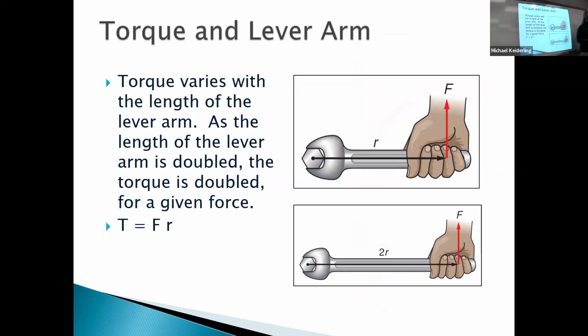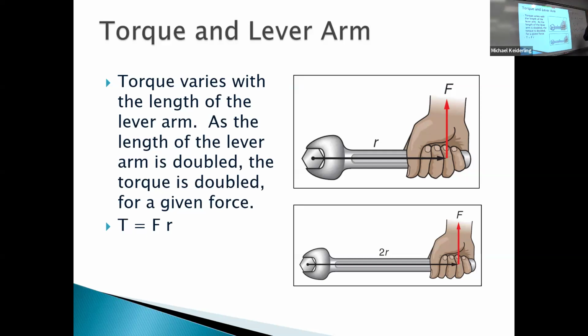So torque is force times radius. It's a little more complicated than that. It also depends on the angle between the force and the radius, but that's all you really need to understand. The longer the lever arm, the more torque.